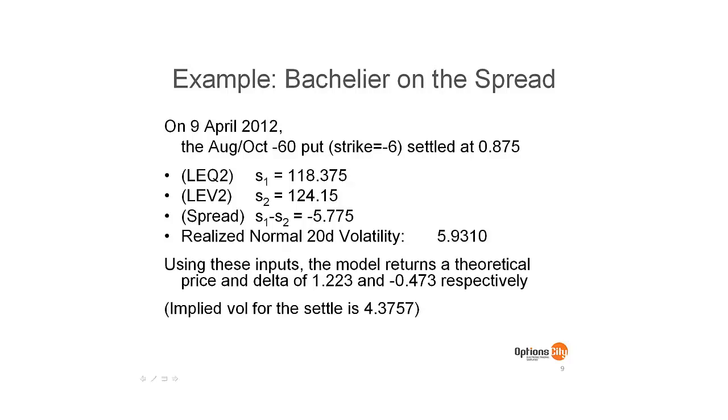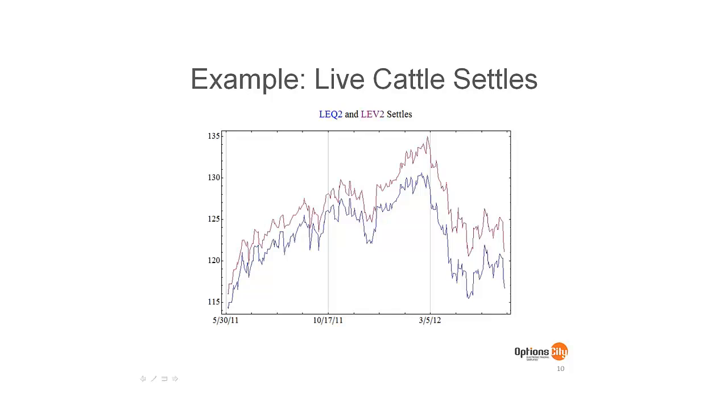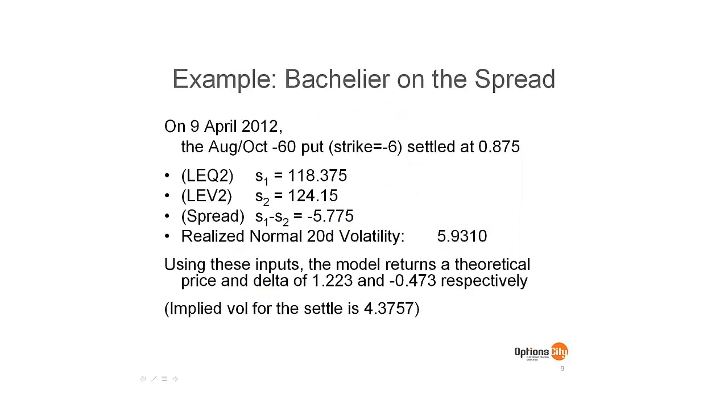So if we take normal volatility and look at, for example, a 20-day volatility window, try and just stick it in the normal model, we get a price of 1.223, and a delta of negative 47.